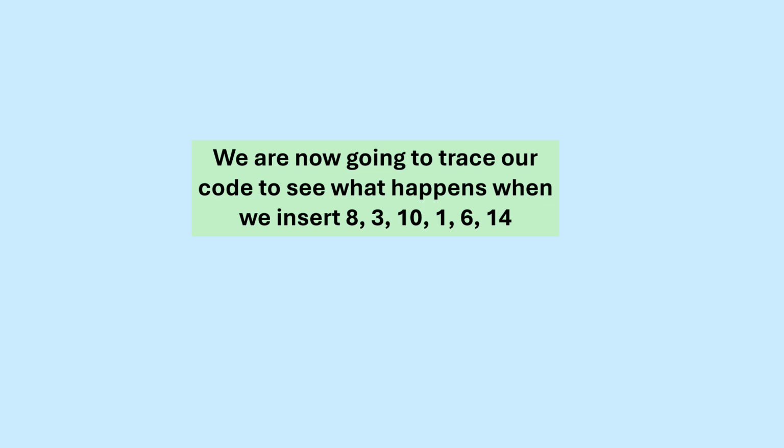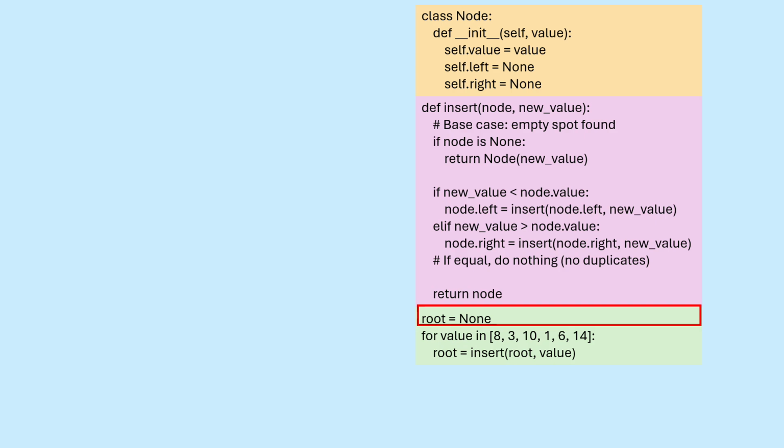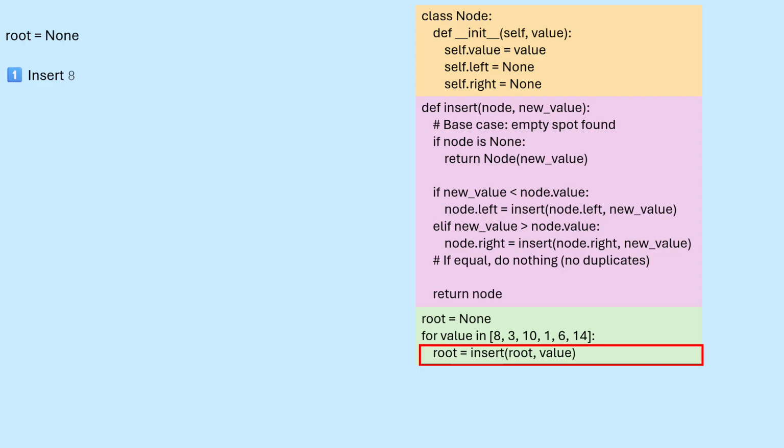We're now going to trace our code to see what happens when we insert 8, 3, 10, 1, 6, and 14. So the first part of our code, root is None, so there's nothing there. We insert the number 8. Using our for loop, the first number we're inserting is the number 8. Now the root is None.